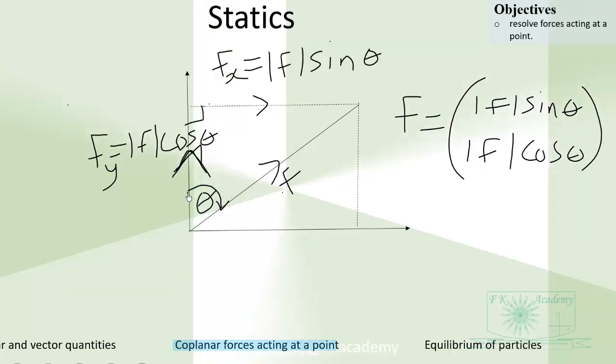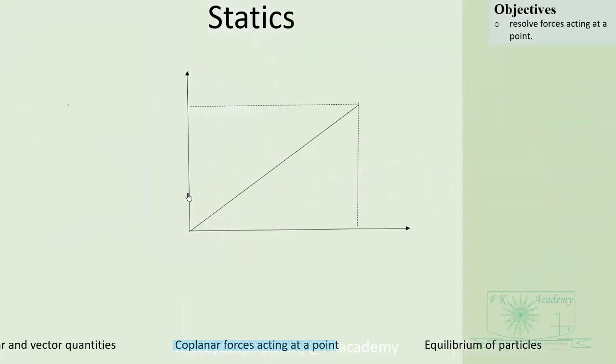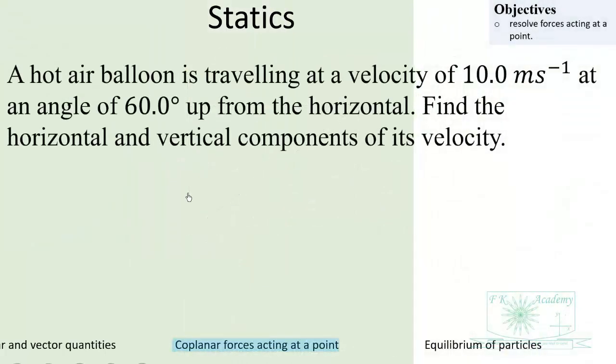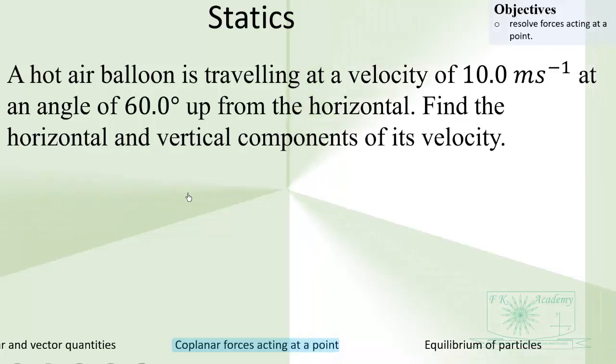Now let us see how we can solve a question with this. A hot air balloon is traveling at a velocity of 10 meters per second at an angle of 60.0 degrees up from the horizontal. Find the horizontal and vertical component of its velocity.